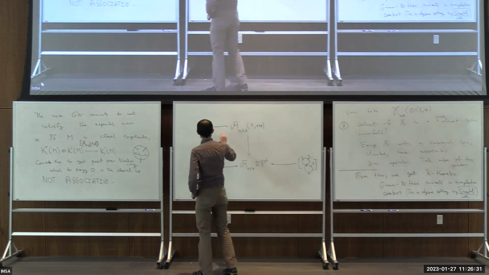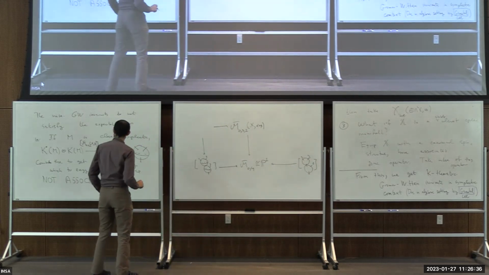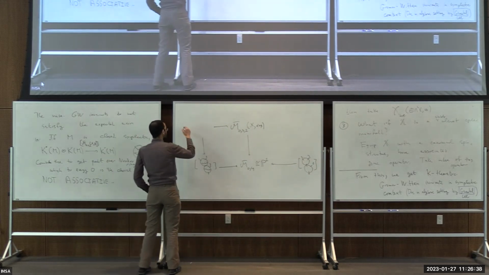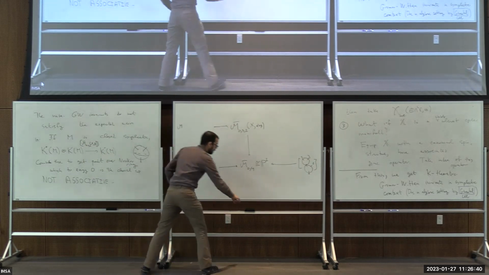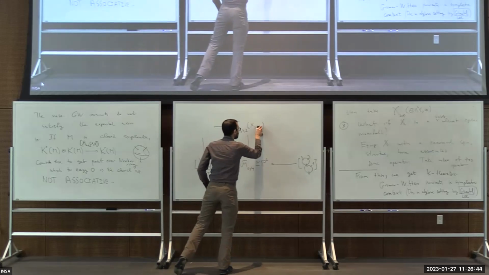And it's pretty easy to arrange to have a diagram of this, where this here is, well, it's a little bit complicated. Maybe I shouldn't put beta here, a little bit of beta here.